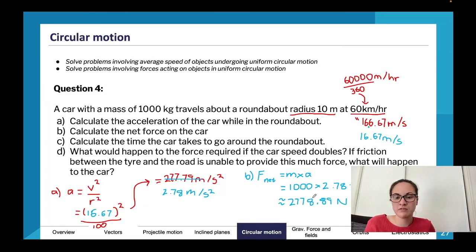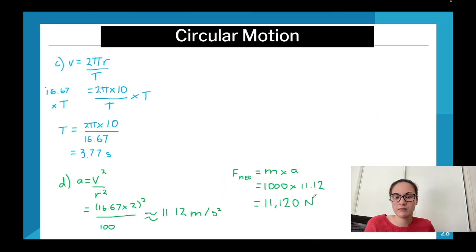And let's compare it to the old one. We had 2,778.89, whereas we've got that here. So we could always do a bit of a ratio of that just to see how it changed. Seeing as velocity 2 is now greater, we could always just do v2 over, sorry, I put that little 2 in the wrong spot.